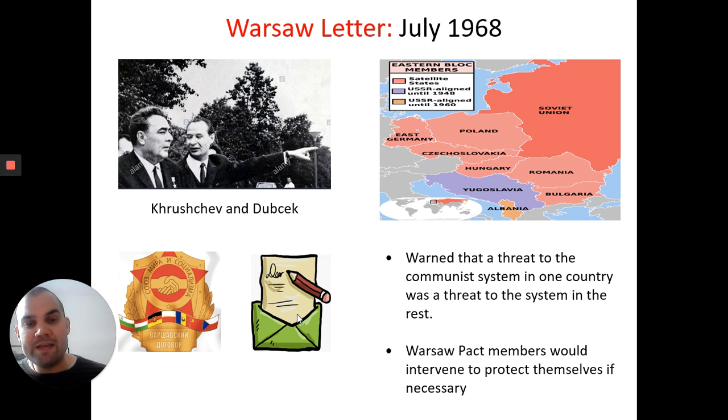So again, this is very much the kind of domino theory idea. They said, okay, in theory, Czechoslovakia, you have the right to self-determination to carry out communism as you see fit. But if we think what you are doing is potentially going to destabilize and threaten the communist system in our other countries, we have the right to interfere in your country to stop that happening.